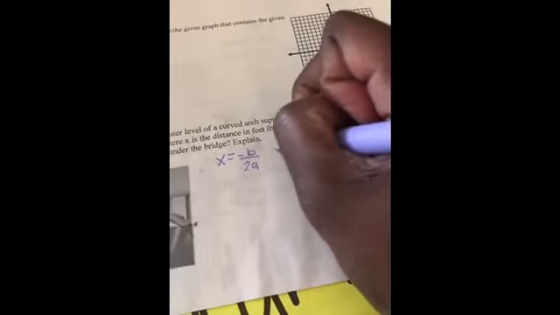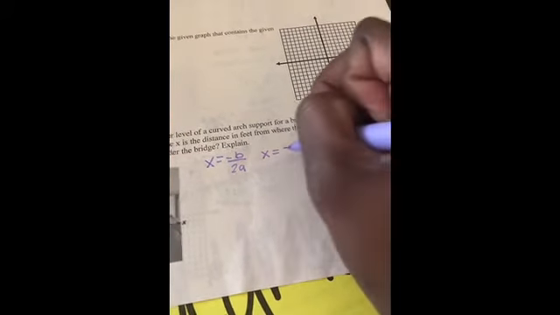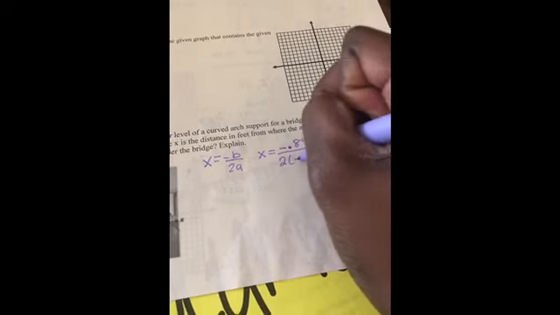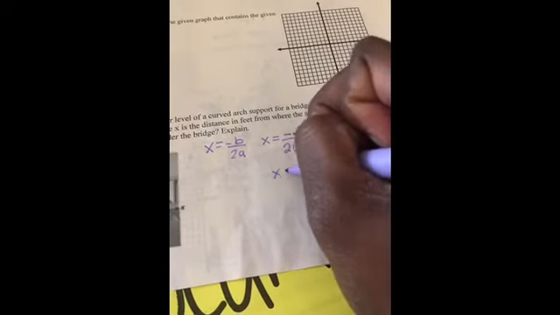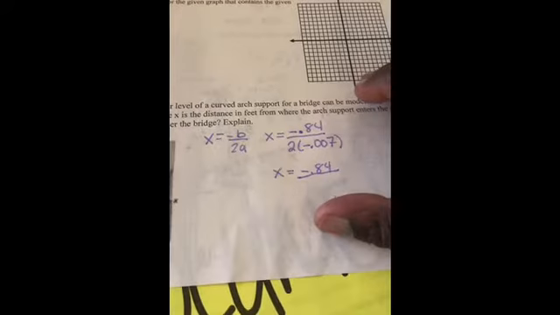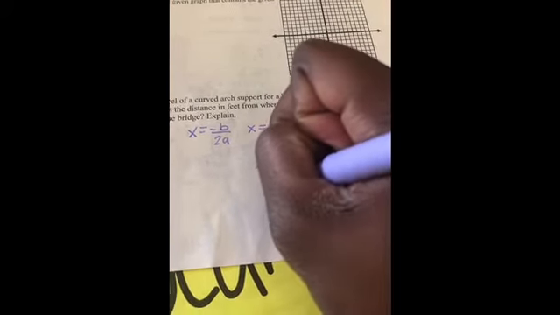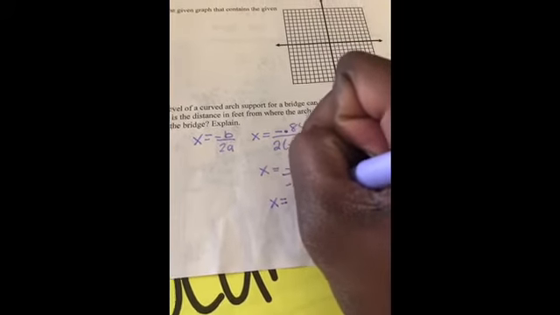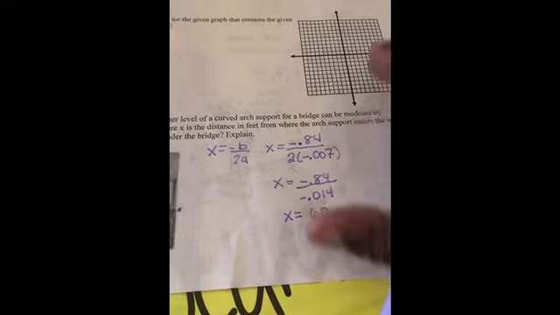Right here, this is our a, b, and our c. So we get x equals negative 0.84 divided by 2 times negative 0.007. And when we solve that, we end up with negative 0.84 divided by negative 0.014. And when you divide all of that, x is going to equal 60. So we have the x value of our vertex.